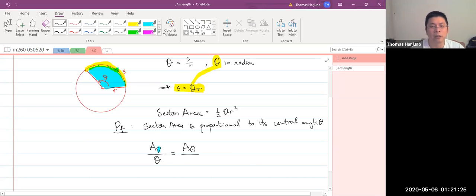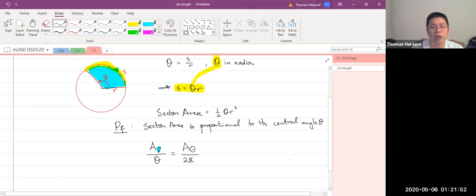The area of the sector is proportional to the central angle. So area of the sector divided by the central angle should be proportional to the ratio of the area of the circle to 360 degrees, or in radians, that's 2 pi. My theta should be in radians.